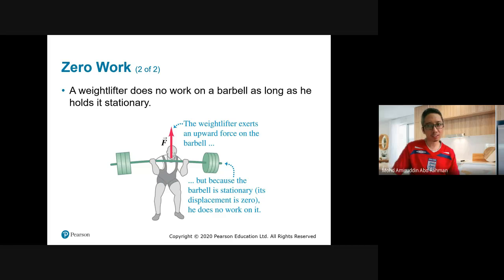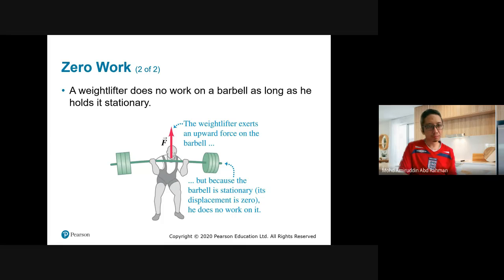All right, so you see that the weightlifter is pushing up the weight, but does not do any work on the barbell, as long as he holds it stationary.